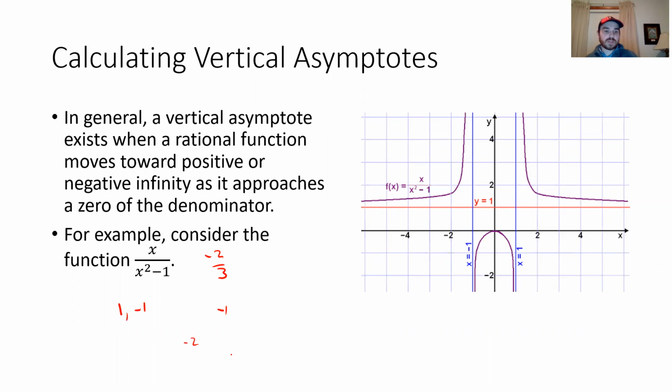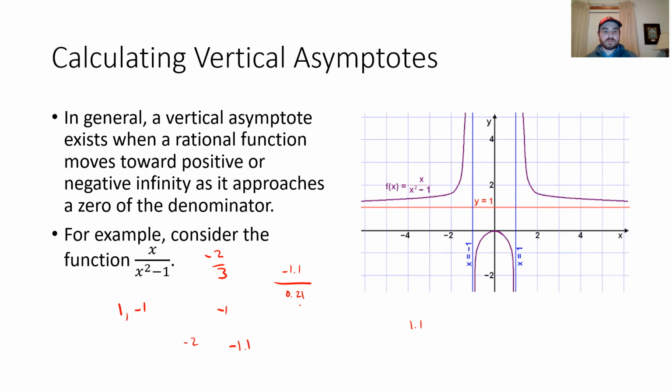Now, what happens if we put in negative 1.1? Now we're getting really, really close. We'd get negative 1.1 over negative 1.1 squared. Negative 1.1 squared is 1.21. So we'd have 1.21 minus 1 on the bottom, which gives us 0.21.